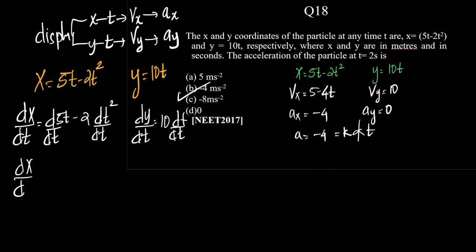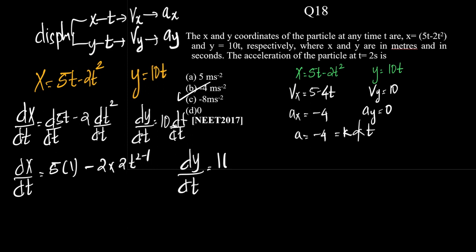So dx by dt is equal to 5 into derivative of t, which is 1, so it is 5 into 1 minus 2 into t to the power 2 minus 1. Similarly, dy by dt is equal to 10 into d by dt of t, which is 1. So dx by dt is nothing but vx, and dy by dt is nothing but vy.